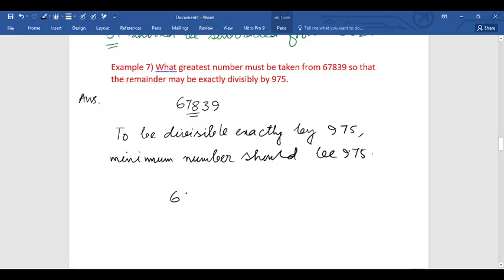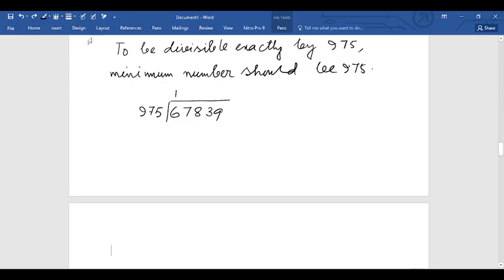If you divide 67839 with 975, we get 69.